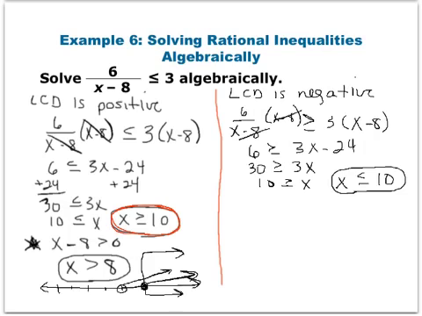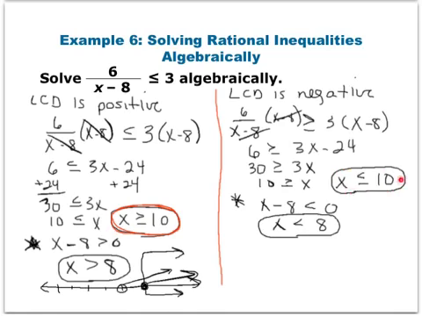Now we have to consider the LCD is negative, so it's less than 0. X is less than 8. Okay, so the solution, for case 2, the solution must satisfy both x is less than or equal to 10 and x is less than 8. So we have to simplify that into one inequality.